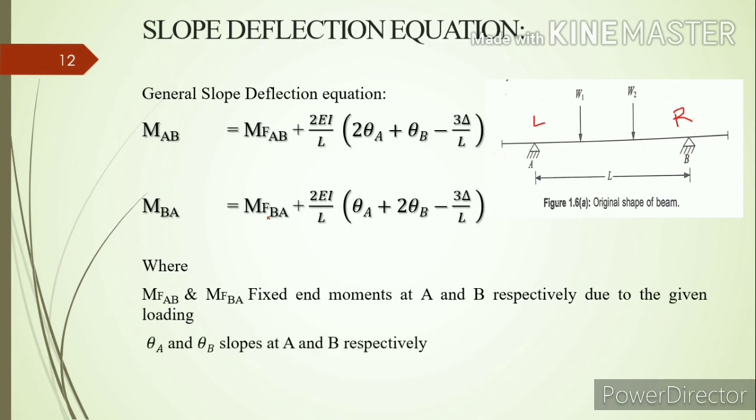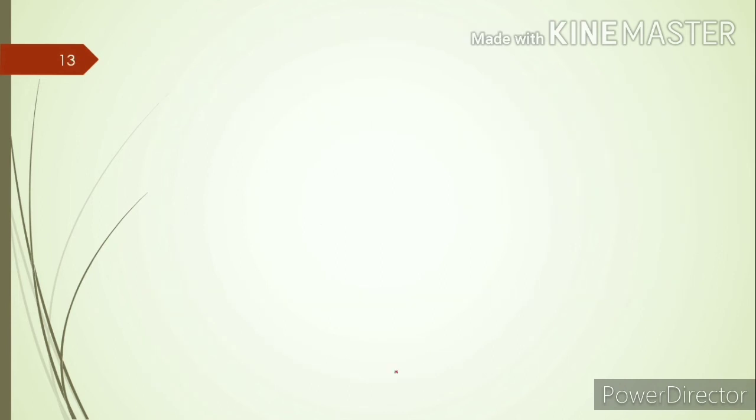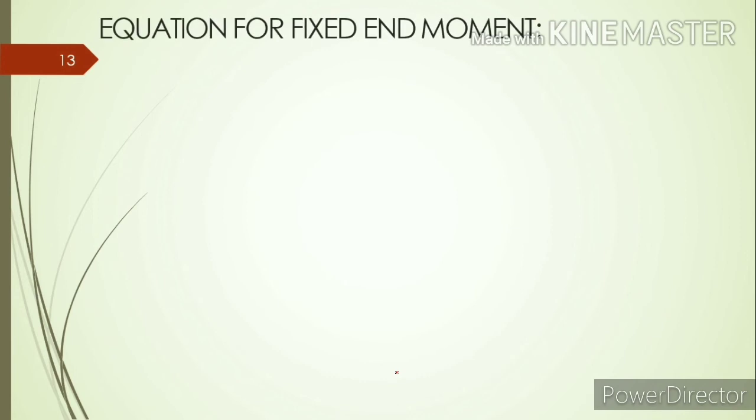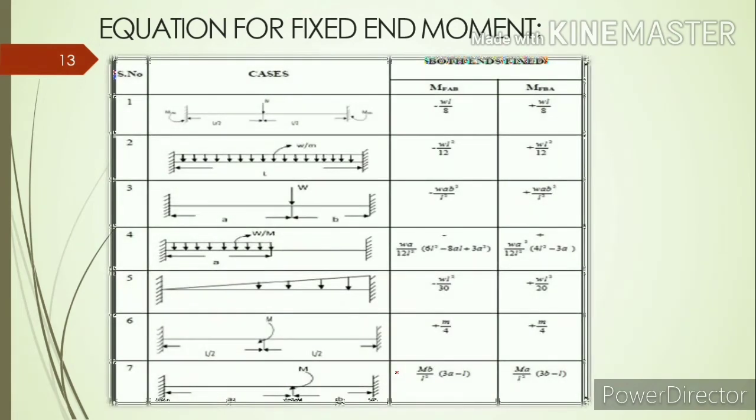Then the next terms are theta A and theta B. Theta A and theta B are the slopes or rotations at the supports A and B respectively. Third term is delta, which I already discussed. It is the sinking of the support, that is the settlement of the support A with respect to B, the difference between the supports A and B. First we need to know the different equations for the fixed moments for the different loading cases.